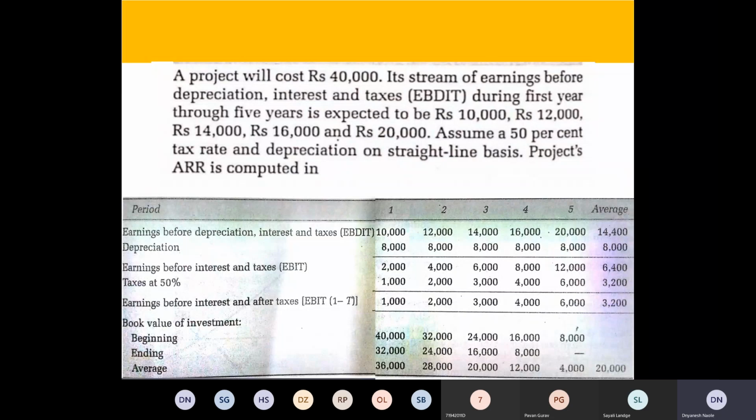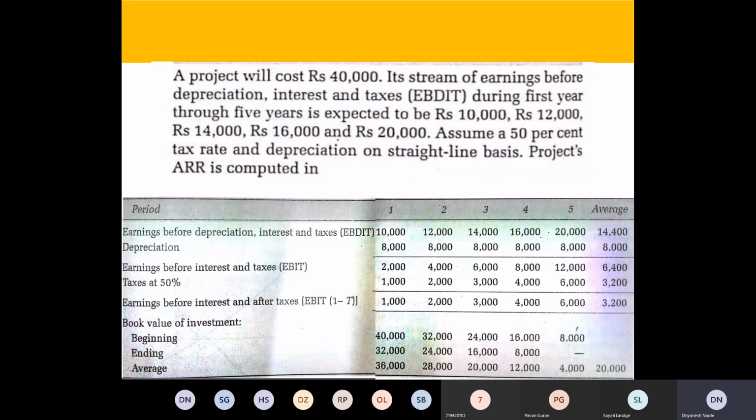So net operating profit after taxes will involve basically that formula of EBIT in the bracket 1 minus T. So we are not going to consider the interest element here.